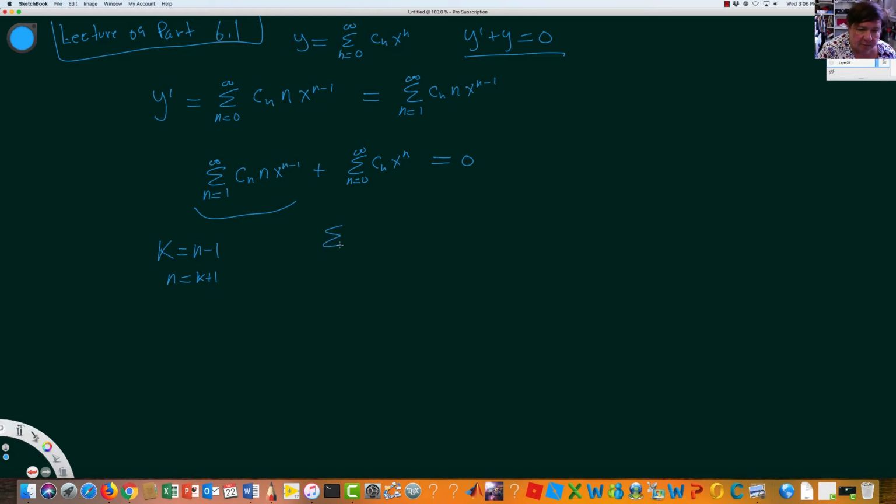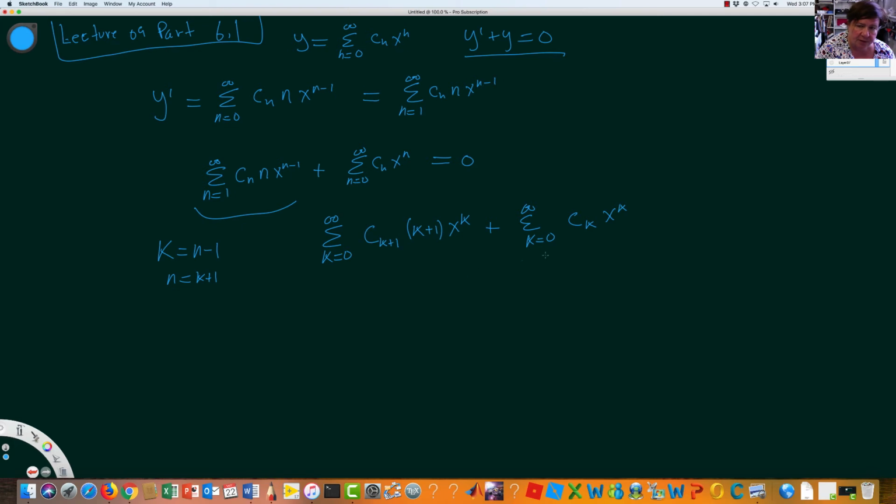So I'm going to say sum k equals 0 to infinity, and then I'm going to have c_(k plus 1), then I'm going to have k plus 1, and then x to the k, plus the sum, and I'm free to just change the index to k here, because why not? I haven't changed anything on this. I'm just calling it a different thing. Instead of calling it n, I'm calling it k. c_k x to the k.